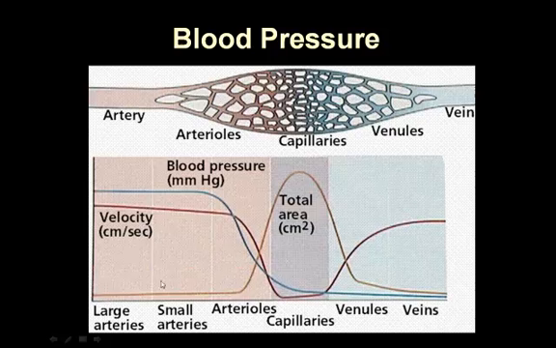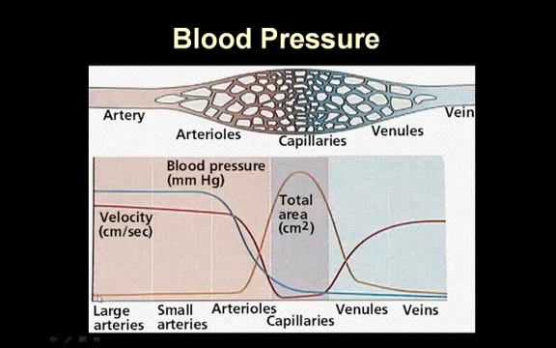Here you see in this diagram how blood pressure changes over the course of the vessels that blood travels through in the body. You see three things here, actually. Not only do we look at the blood pressure, but we can also look at blood velocity, as well as the total area of the vessels themselves. Let's look first at total area, because this is the simplest.